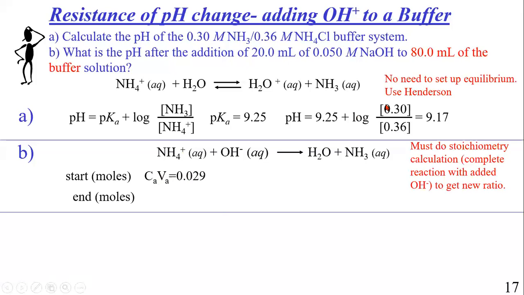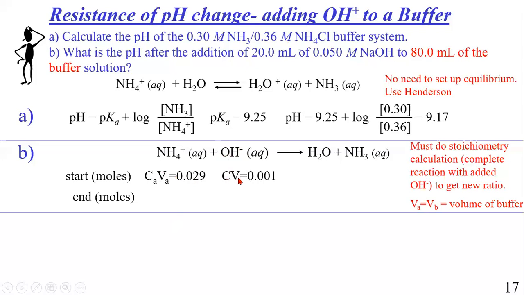It's 80 milliliters. What is its concentration? Well, let's see, it's 0.36. So 0.36 molar times, not 80, times 0.08, because you have to multiply by liters, since it's concentration times liters. Find the moles.